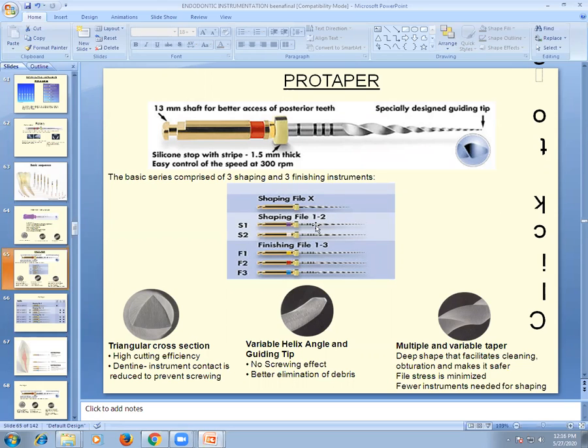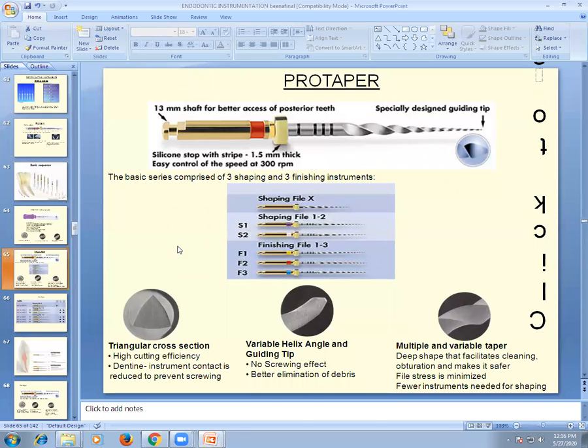I want you to remember this basic thing because ProTaper were the first rotary instruments with greater taper. Okay, so these are the basic files you can say. So it consists of 6 files: shaping file X, shaping files 1 and 2, that is S1 and S2, and finishing files F1, F2, and F3.